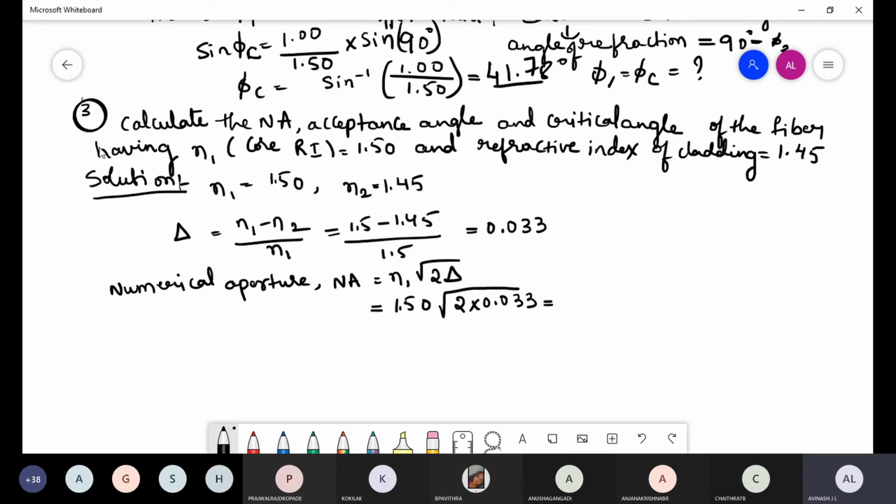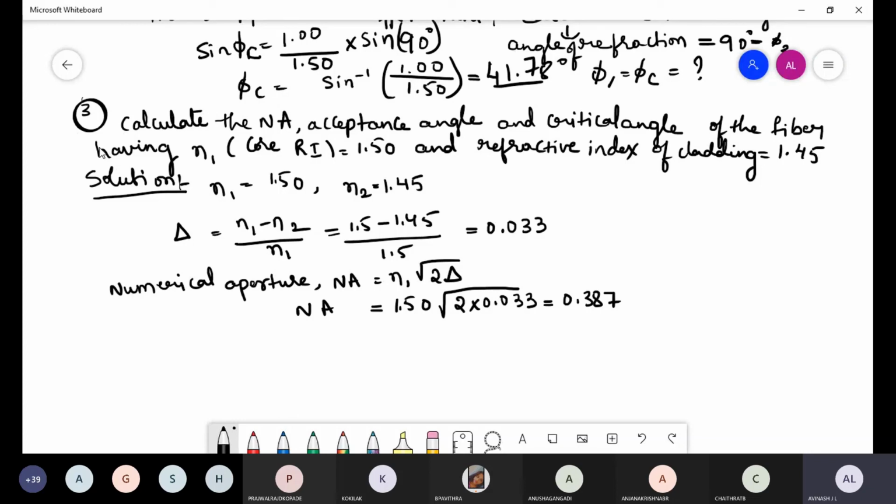If you get this value, you will get 0.387. So numerical aperture value will come across 0.387. Okay. So hope that all of you have taken this one.